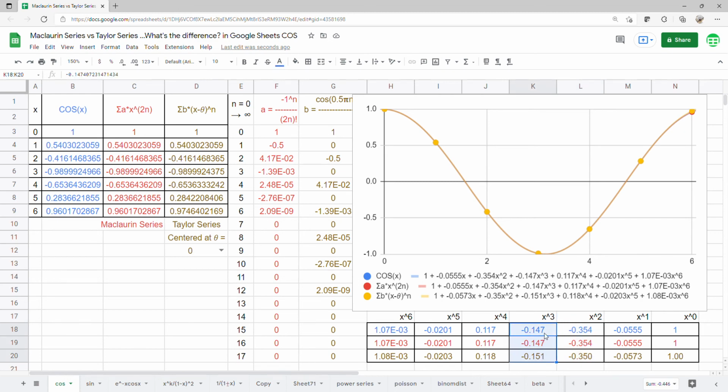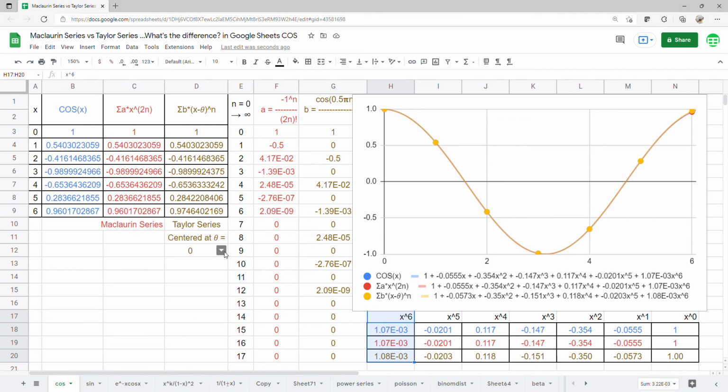Coefficient of x cubed, negative 0.147, negative 0.151. Coefficient of x to the fourth is 0.117, 0.118. Coefficient of x to the fifth, minus 0.0201, minus 0.0203. Coefficient of x to the sixth, 1.07 times 10 to the minus 3, 1.8 times 10 to the minus 3.